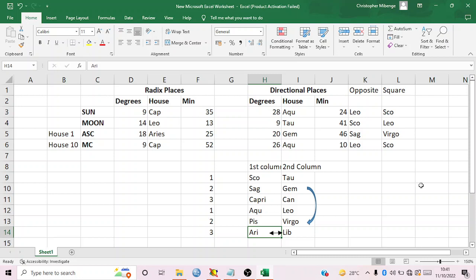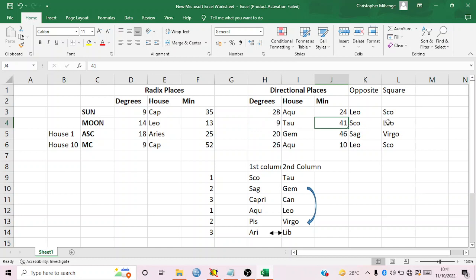These are the squares. So having said that, I'll recap that the opposite of the directional place of the sun is Leo, 28 degrees 24 minutes, and then its square is Scorpio, 28 degrees 24 minutes. And then the opposite of the directional place of the moon is Scorpio, 9 degrees 41 minutes.